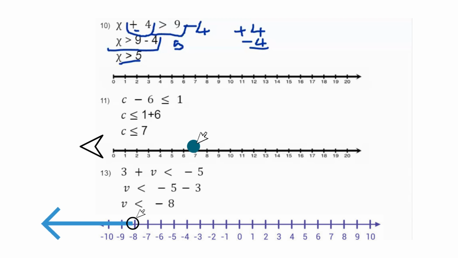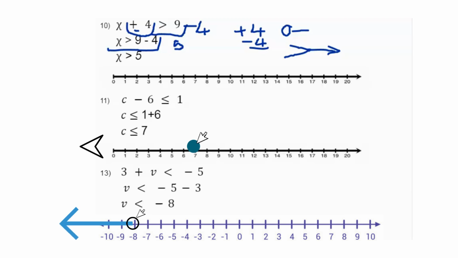Remember, when I was doing the introduction, I told you if it is greater than, the arrow will go towards this side, and if it has only one sign, it's going to be an open circle. Remember I told you that? Okay, so look at this. It has only one sign and it is greater than, which means the arrow will go towards the right side.